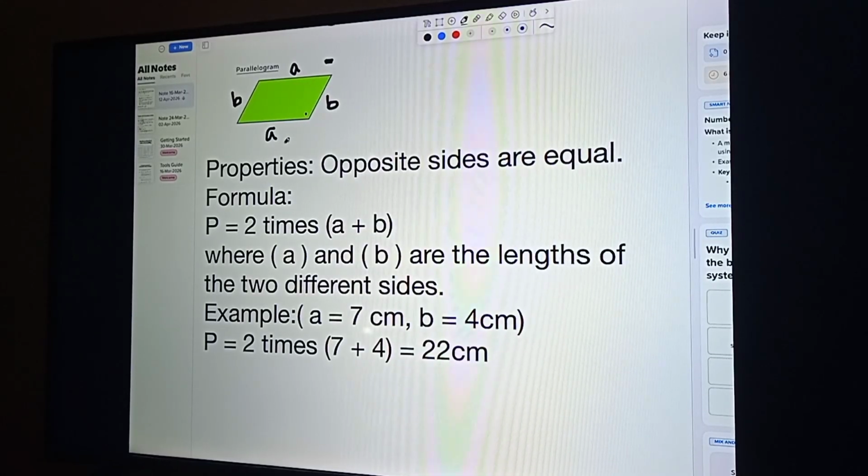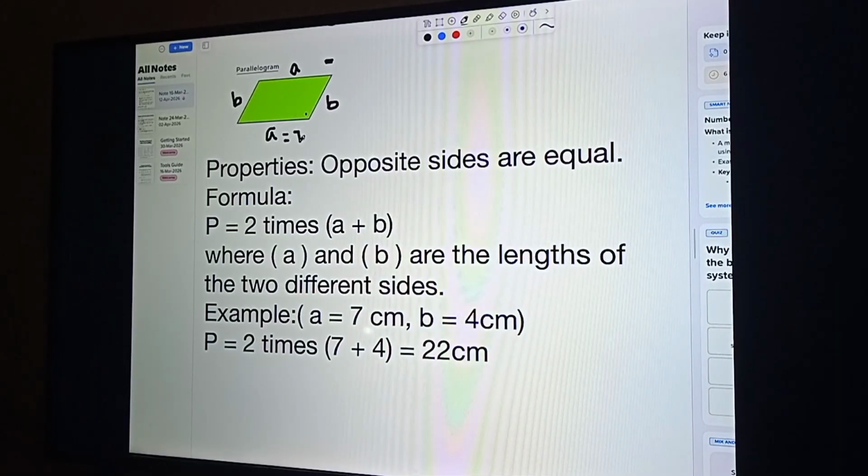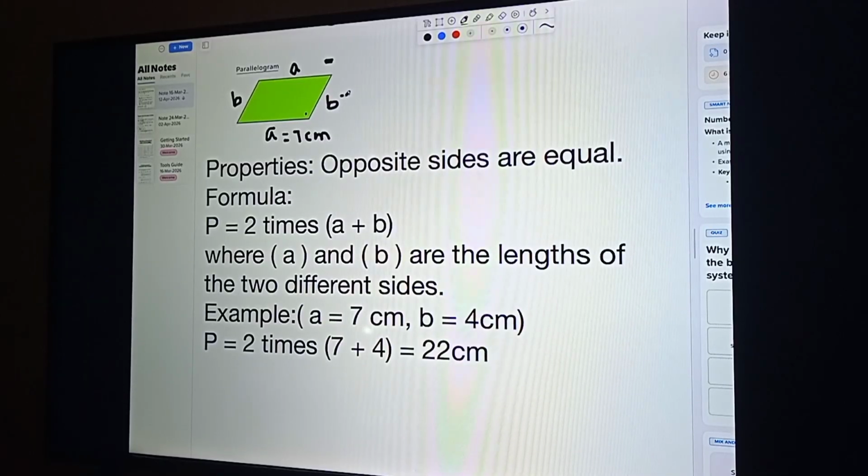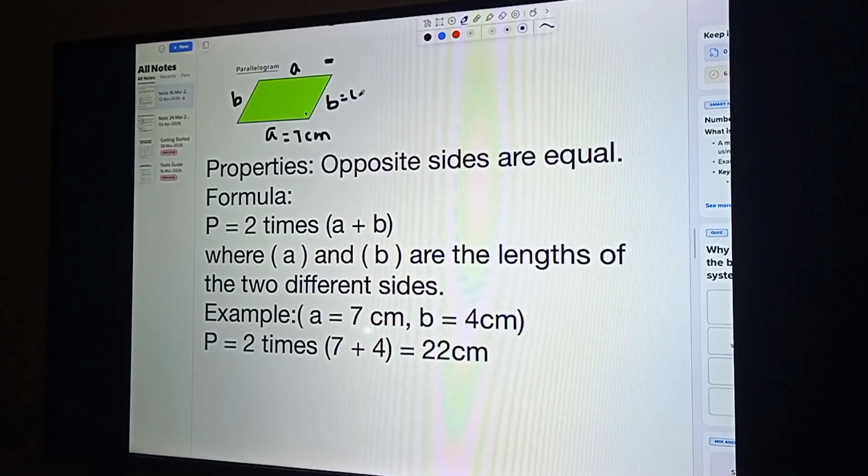Here in this example, A is equal to 7 centimeter and B is equal to 4 centimeter.